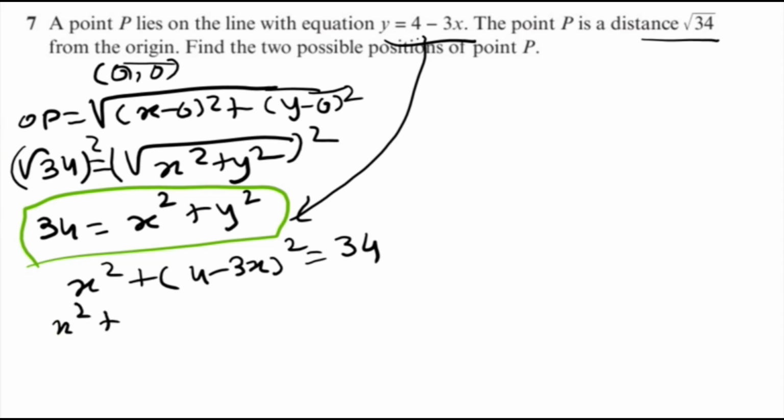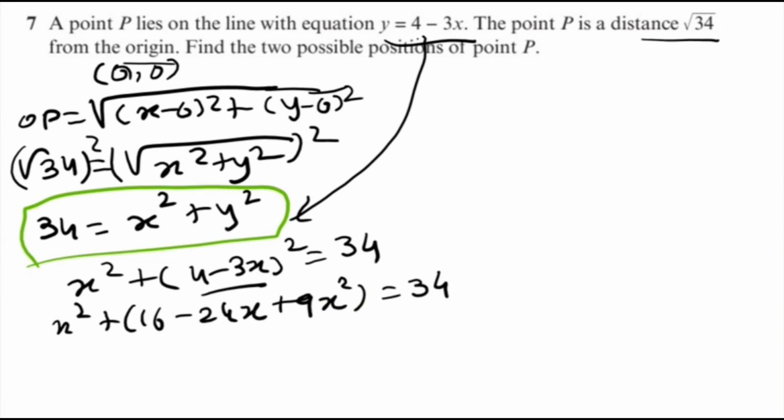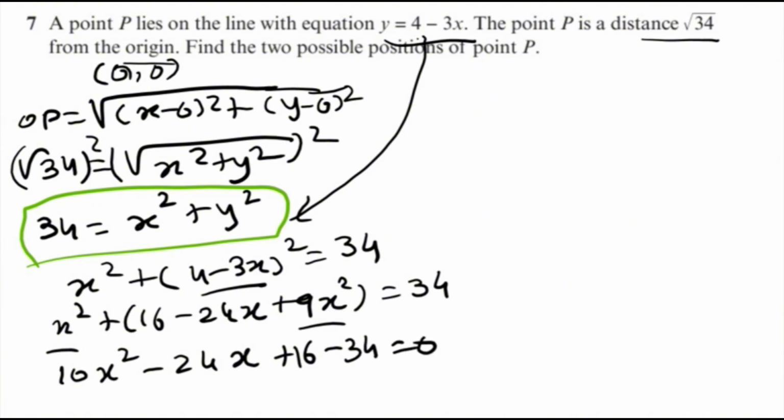So expand (4 minus 3x) squared, that will give me 16 minus 24x plus 9x squared is equal to 34. So x squared and 9x squared will give me 10x squared minus 24x plus 16 minus 34 equal to 0, because we have to factorize.